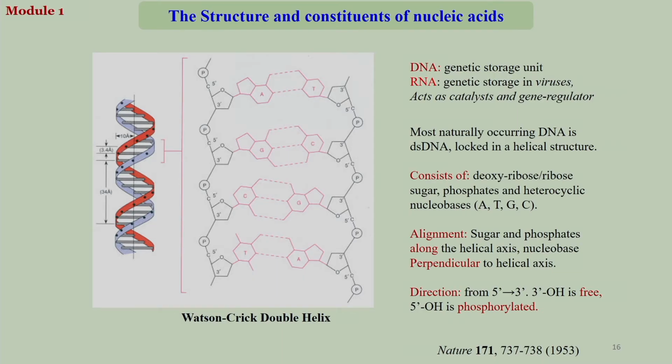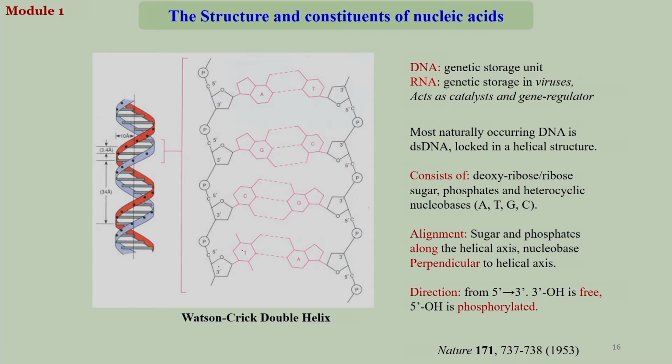That brings me to the structure of DNA. This is the plain paper model of DNA that shows the skeleton of the DNA. I think I have explained yesterday also that you have a sugar unit, the nucleobase, and then a phosphate unit, sugar, nucleobase and phosphate.